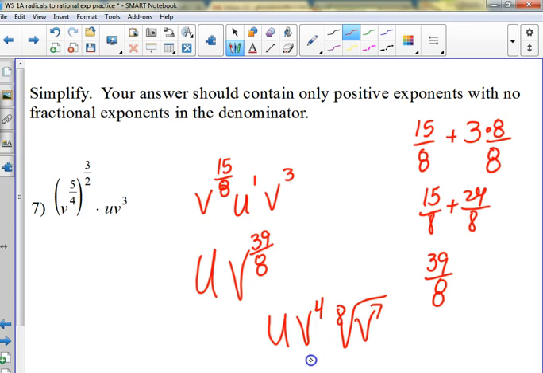That's what you'd get if we were writing it the way we did at the top. Because 4 goes in evenly, so 4 of them get out. And then there's 7/8 left over, so that could be written like this. All right, this is fine.